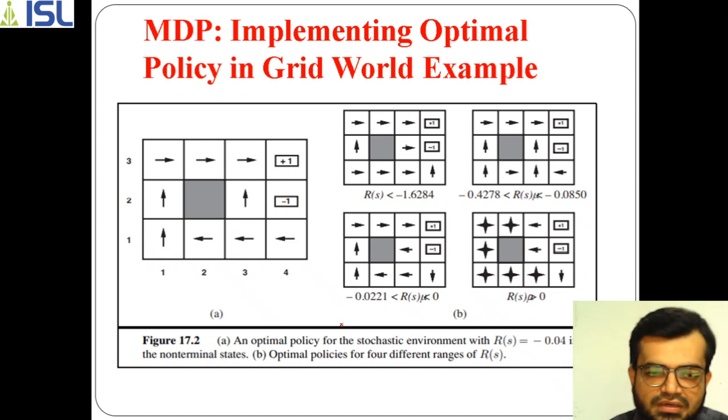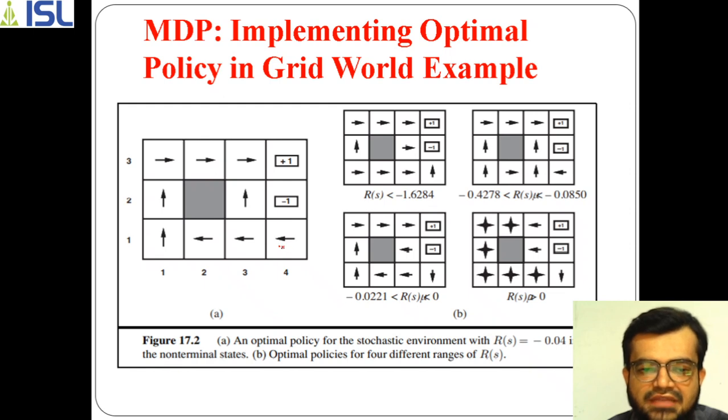For example, if the agent is in this state, it should avoid this -1 path, because in the right direction there is no way, and if it goes up it directly has to avoid this state. So the agent should move to this state only.